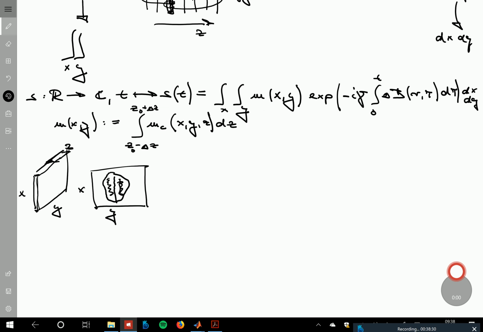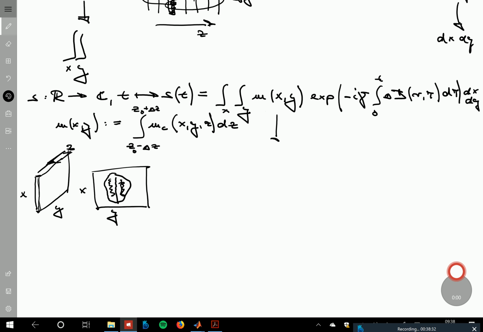Maybe let's stay a little bit with the Mxy, because this will be the fundamental thing that we're now interested in. So Mxy is the equilibrium magnetization as a function of space, of xy space.